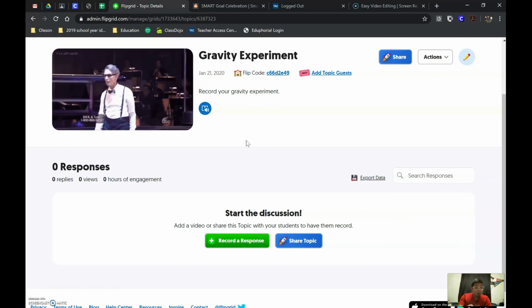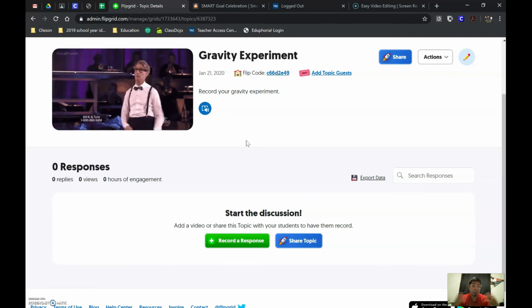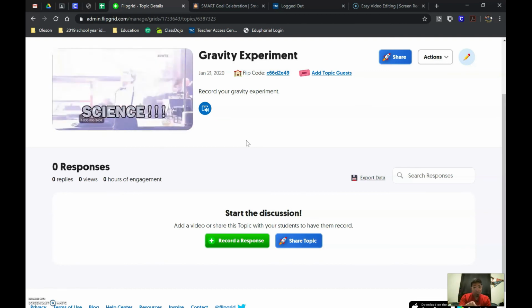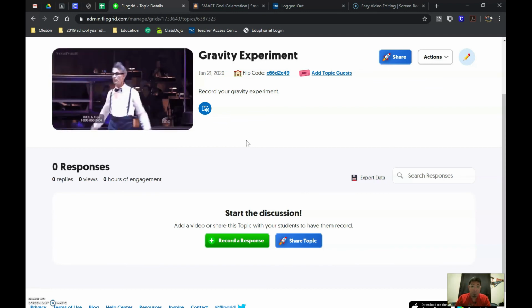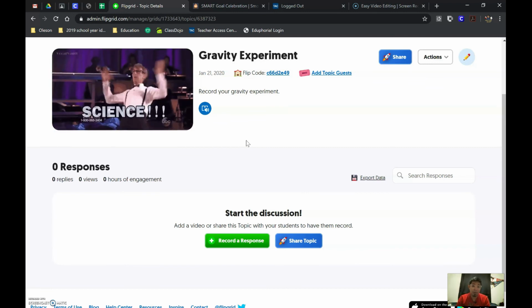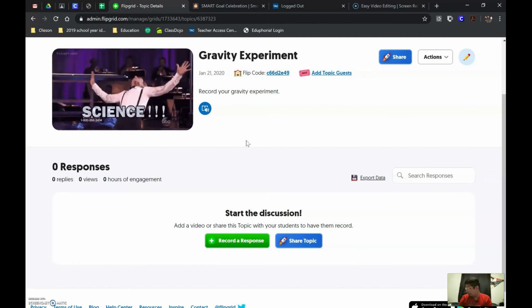Remember, you can hit pause. So if there's a moment in the experiment where nothing's going on, just go ahead and pause, and then hit record whenever something is going on, okay? So make sure you're recording the good parts in the experiment, and make sure you're talking about the experiment, okay?